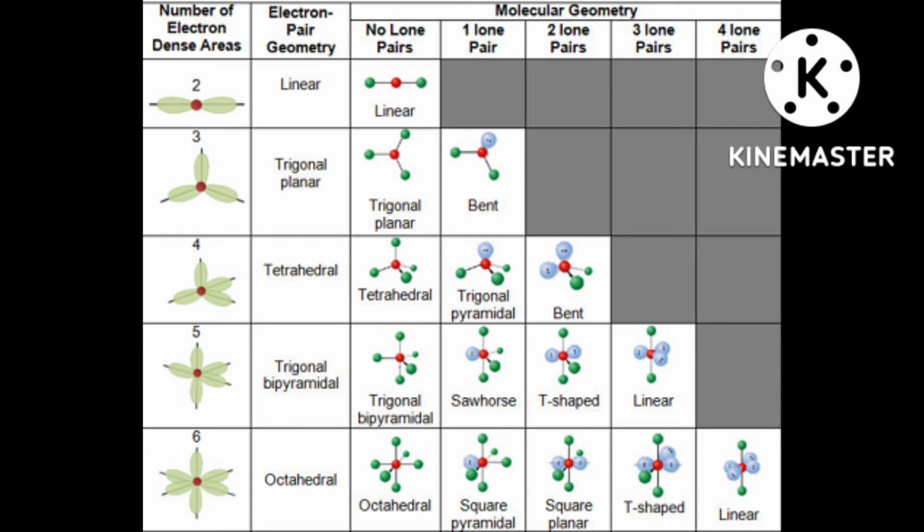Which example has bent shape, which example has AB2E, and what is the number of bonding pairs? Examples may be O3, SO2, NH3, H2O, SO4, ClF5, BrF5, xenon compounds, maybe so many examples.